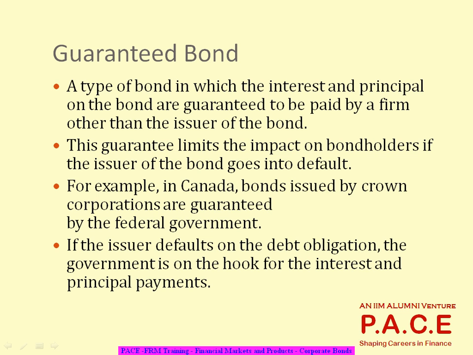Then if GMR acts as a guarantor, I'll say that this bond is a guaranteed bond. If this company defaults, GMR will be paying for it. So this gives trust to the investors or the lenders that even if this company is new, even if it defaults, we'll get it from here.